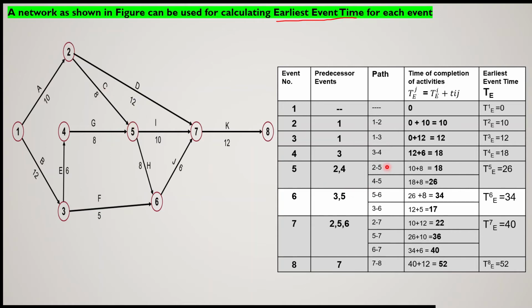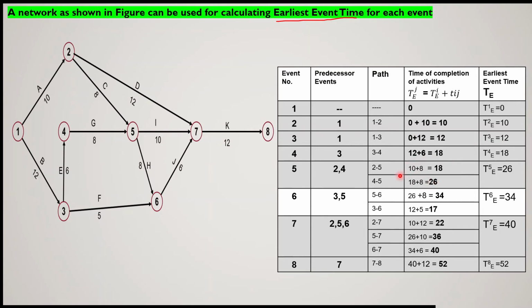To calculate the earliest event time of event number 5, first of all you must have the earliest event time of event number 2, which has already been calculated. So 10 plus 8 is 18. Similarly for 4, 5, the earliest event time of 4 was 18, so 18 plus 8 is 26.